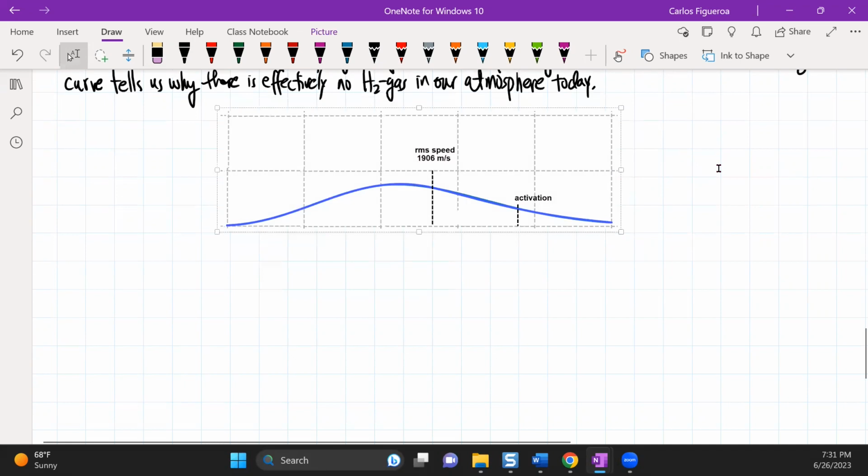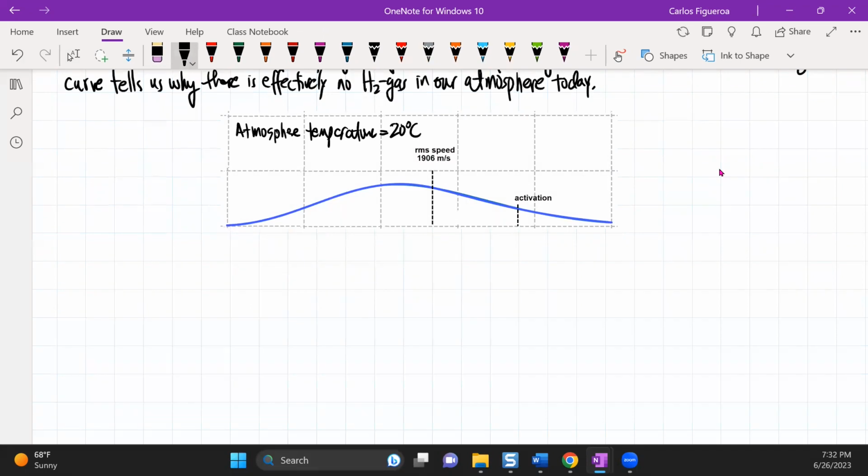So here's what we know. At atmospheric temperature, we calculated that value for 20 degrees C. And you can see here that there's the peak value, which is the most probable, but look at the RMS.